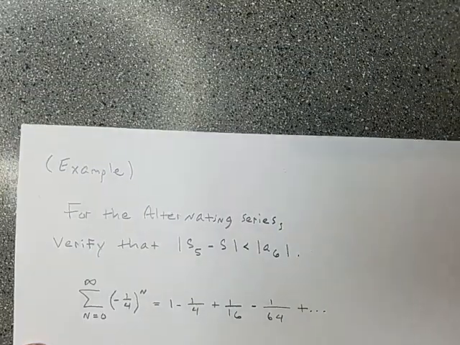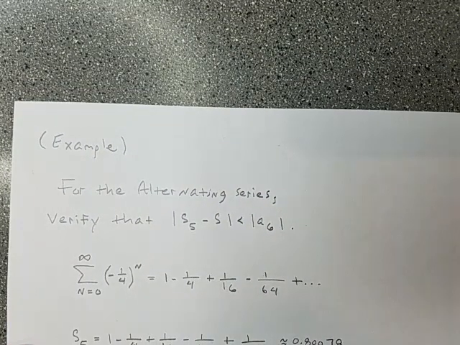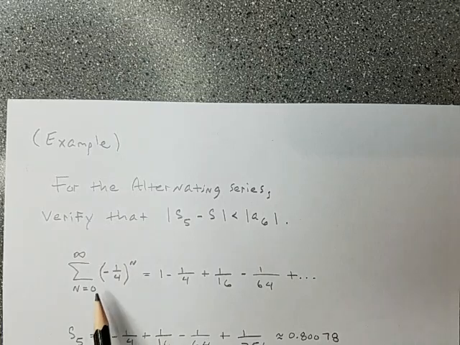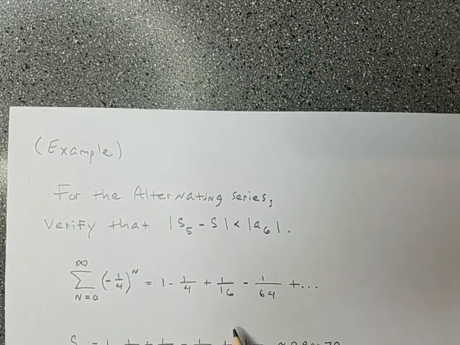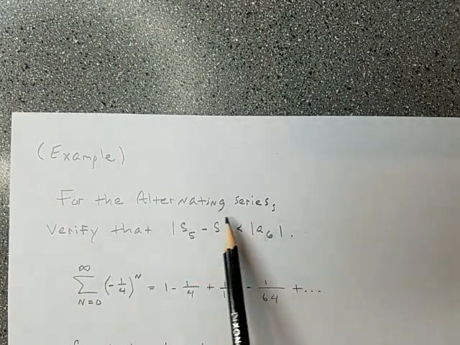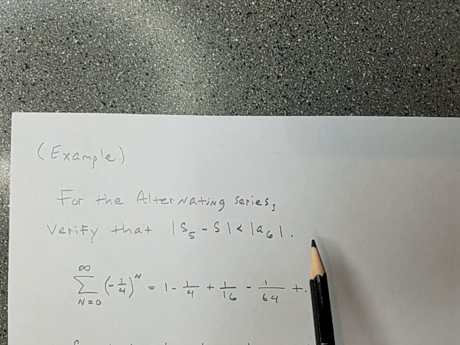So let's do some thinking and maybe take an example where we prove that that's really true. I'd like you to be able to do something like this. Can you take this alternating series right here and verify that that kind of statement's true?